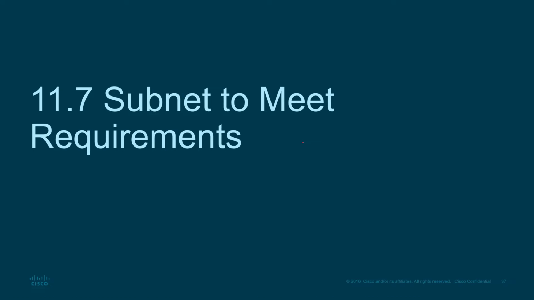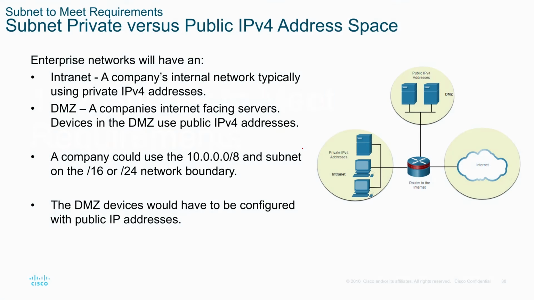As I previously stated, we want the subnet to meet the requirements of the network, whether we need more hosts or we need more networks. So an intranet is a company's internal network, and that typically uses private IPv4.